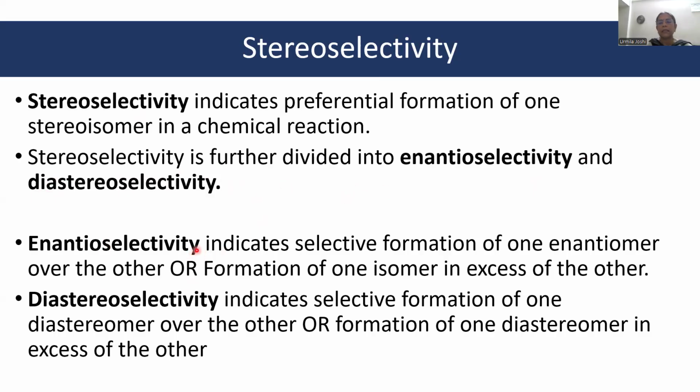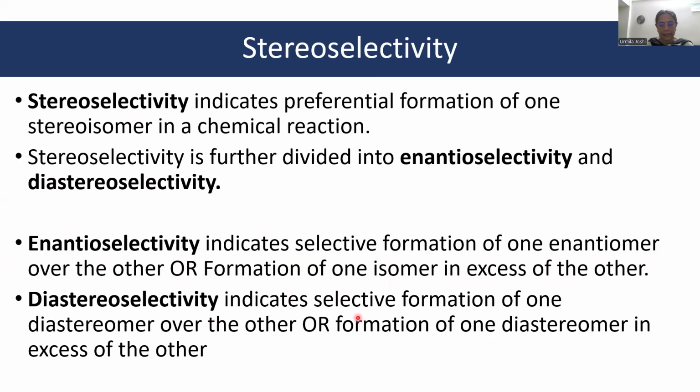Enantioselectivity or enantioselective reaction indicates selective formation of one enantiomer over the other, or formation of one isomer in excess of the other. Only if one isomer is formed in excess of the other, then it is an enantioselective reaction.